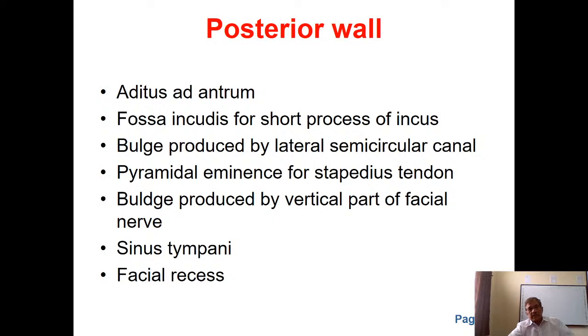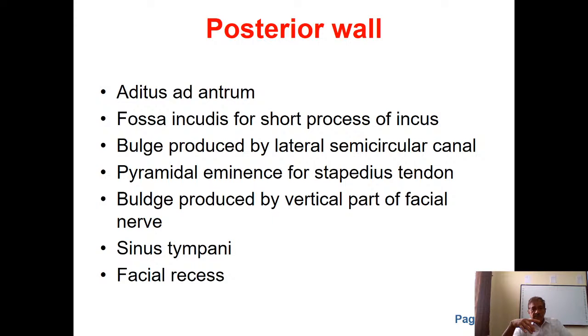Then we come to the posterior wall. So we have seen the roof, which separates the middle ear cavity from the middle cranial fossa; the anterior wall, which is the carotid wall; the floor, formed by the jugular bulb; and the lateral wall, formed mainly by the tympanic membrane.